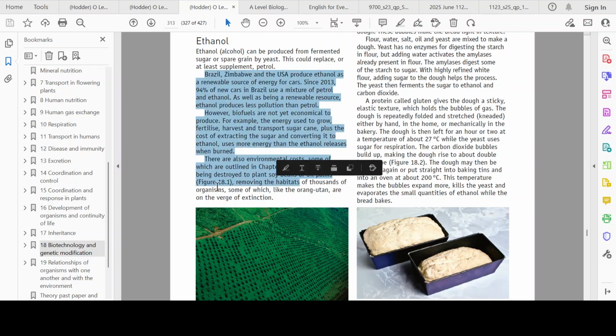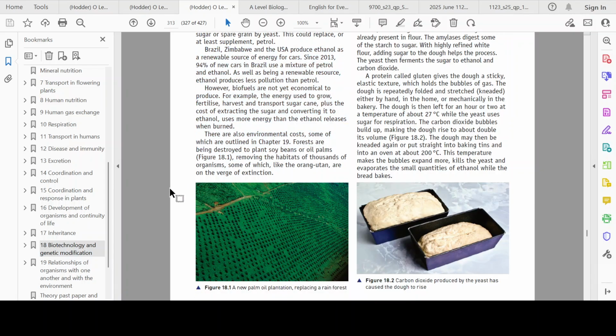And which country is producing ethanol from sugar cane or from soybeans and oil palms, as those alternative fuel sources? And then obviously the problem of human interaction with the environment.